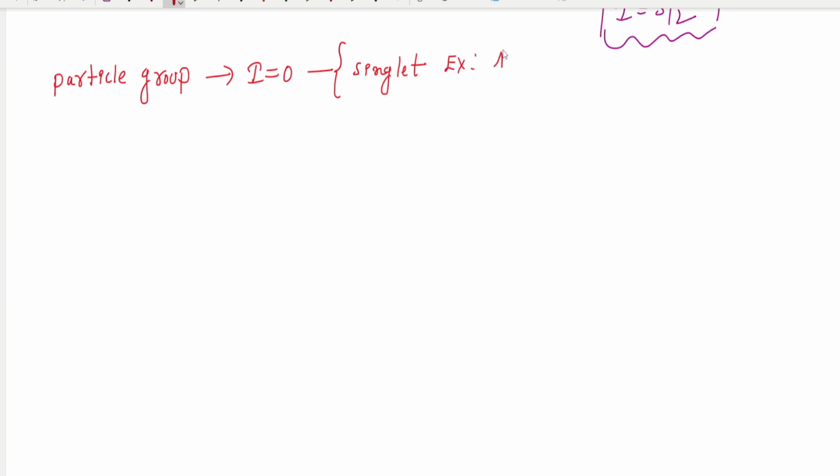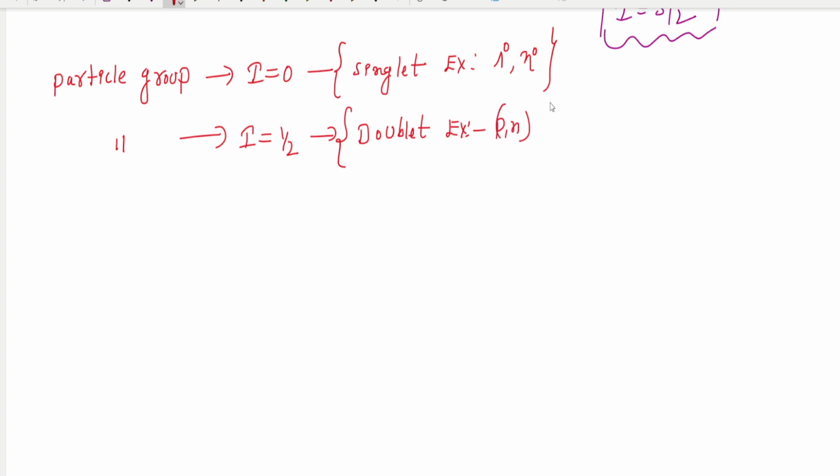Example, lambda. For particles in a group with I equal to 1 divided by 2, we can call these doublets. Example, P, N, K plus, K naught and so on, many particles. Doublet.